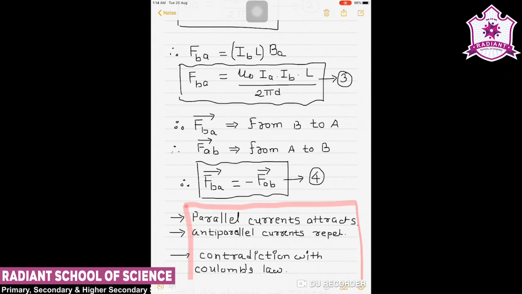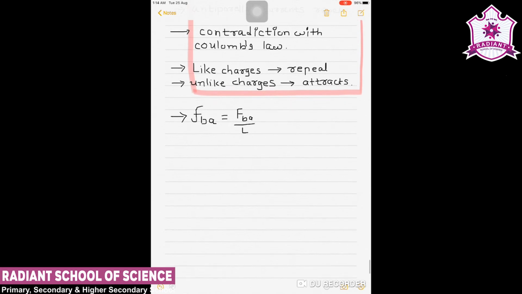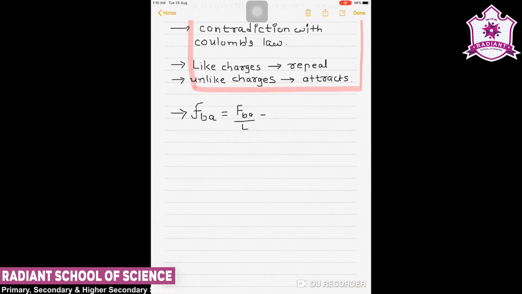Taking L to the denominator, we have the equation equal to mu 0 IA into IB over 2 pi d, and this is called force per unit length.